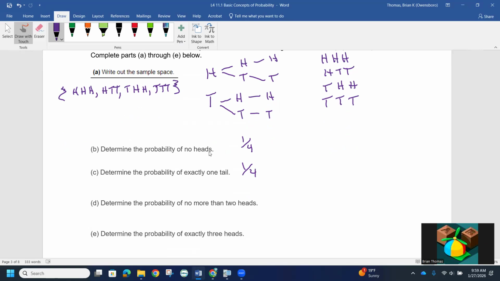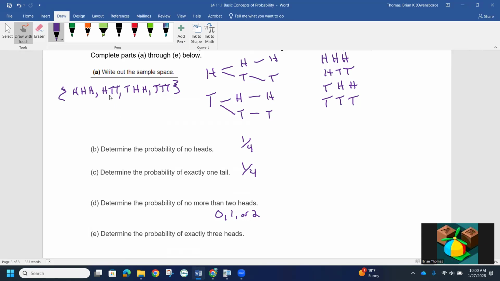Determine the probability of no more than 2 heads. No more than means you could have 0, 1, or 2 heads. I cannot exceed 2, so I could have 0, 1, or 2 as possibilities. Head, head, head can't be used because that's got 3 heads.